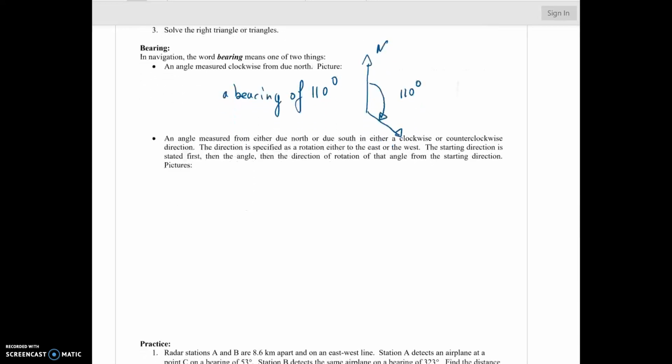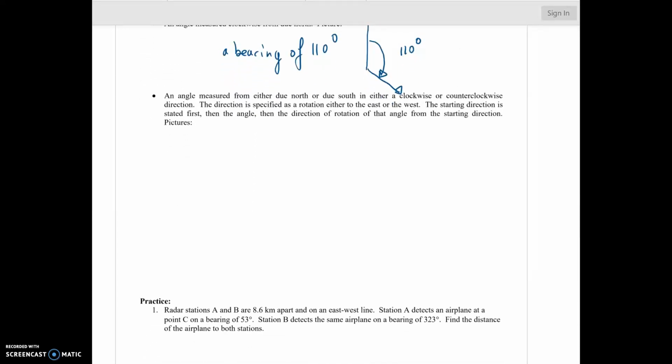Second, an angle measured from either due north or due south in either a clockwise or counterclockwise direction. The direction is specified as the rotation either to the east or the west. So let's imagine that you have a north 31 degree east.